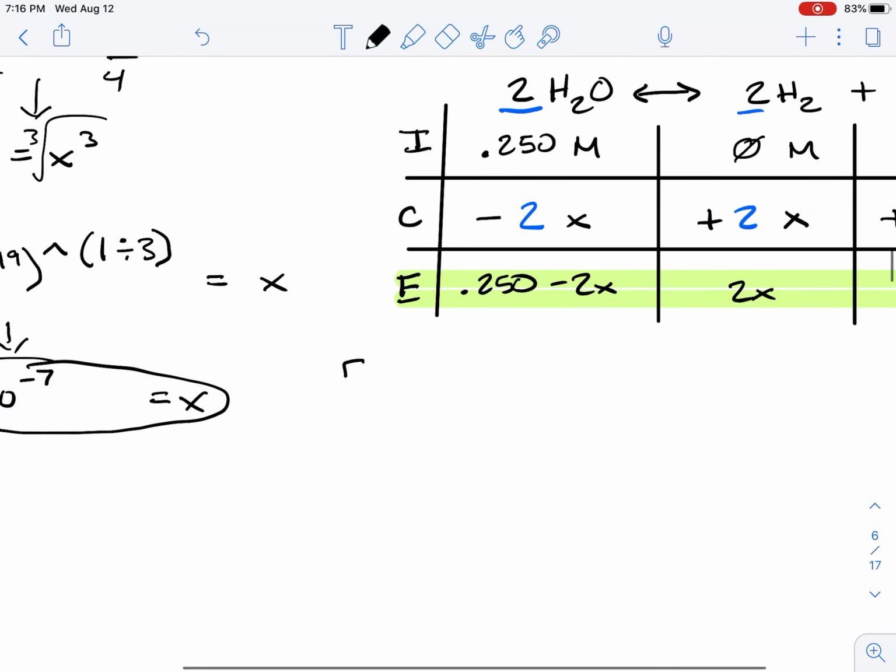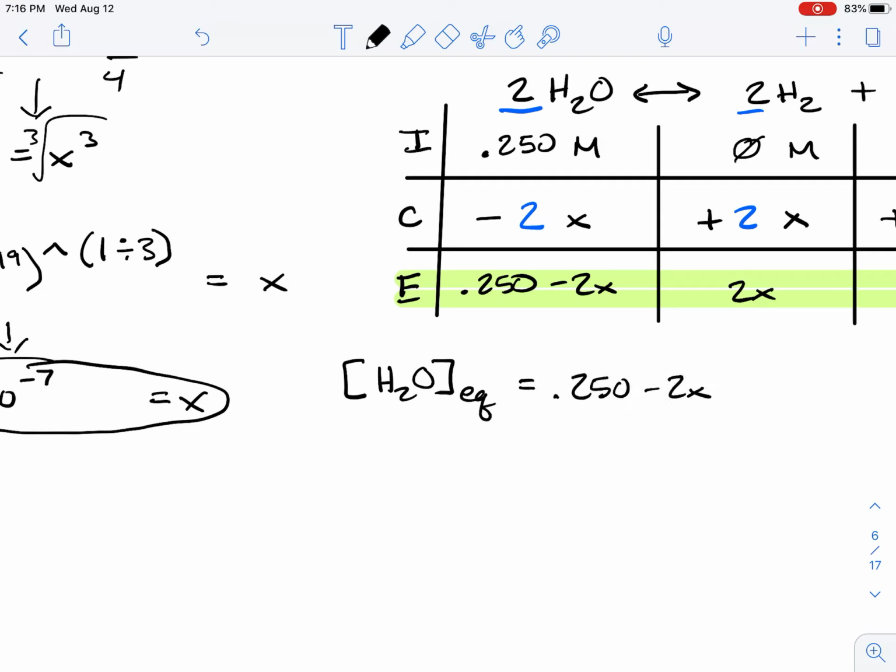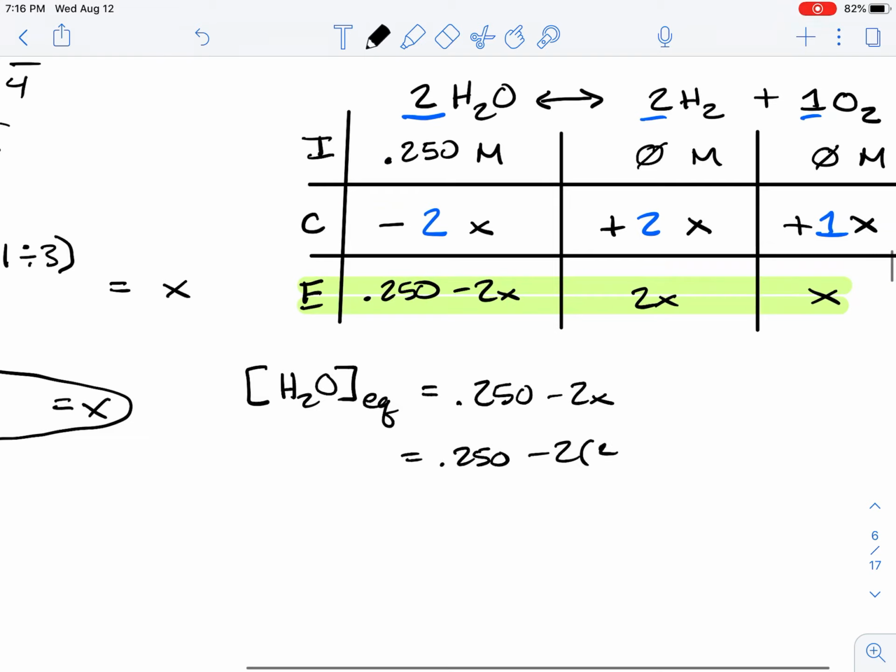If we want to calculate the equilibrium concentration of water, which is our reactant, 0.250 minus 2x, that's going to be 0.250 minus 2 times 4.8 times 10 to the negative 7.